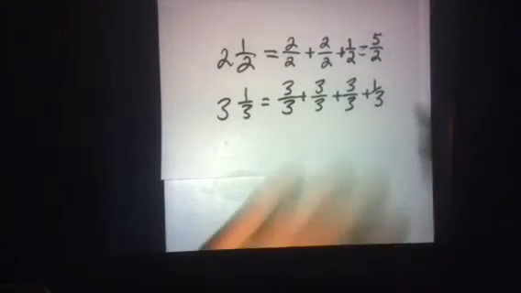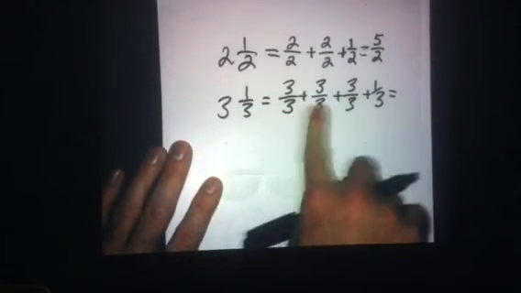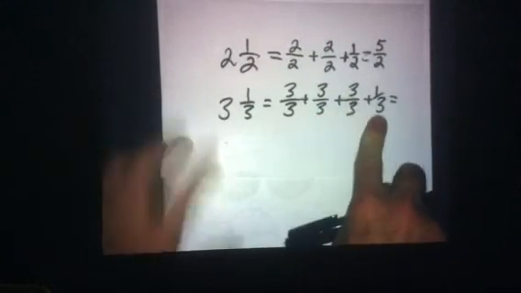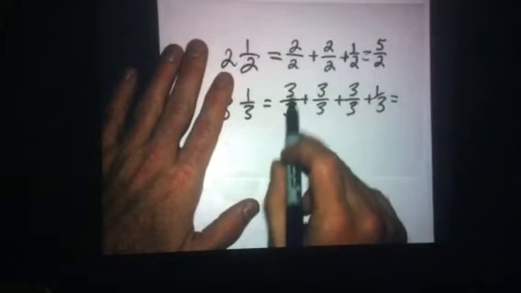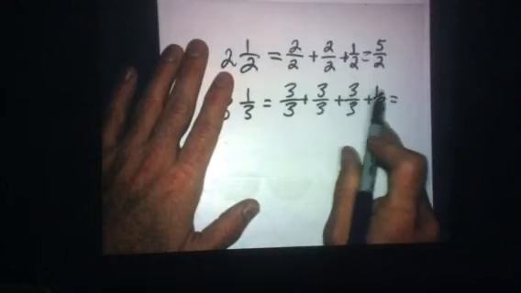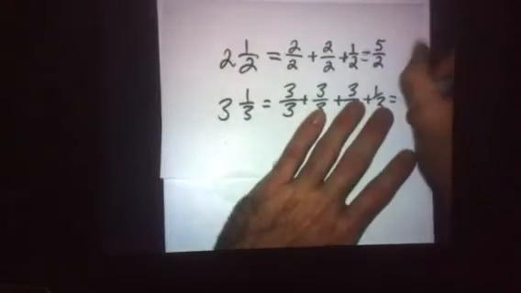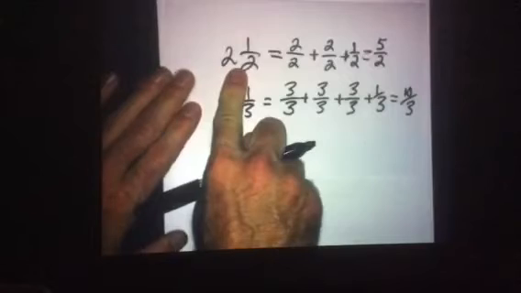So, same idea here. I have 3 and 1/3, which is equal to 3/3 plus 3/3 plus 3/3 plus 1/3. Or I can write that as an improper fraction with 3/3, another 3/3, another 3/3, and another third. 3 plus 3 plus 3 is 9, plus 1 more is equal to 10/3. So, here we have a mixed number.